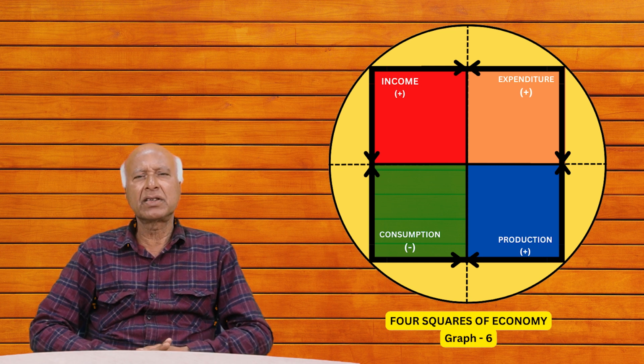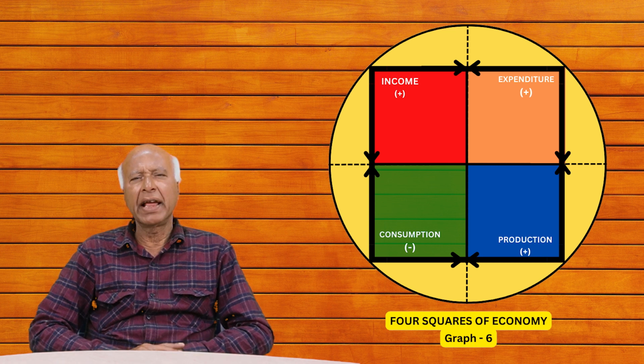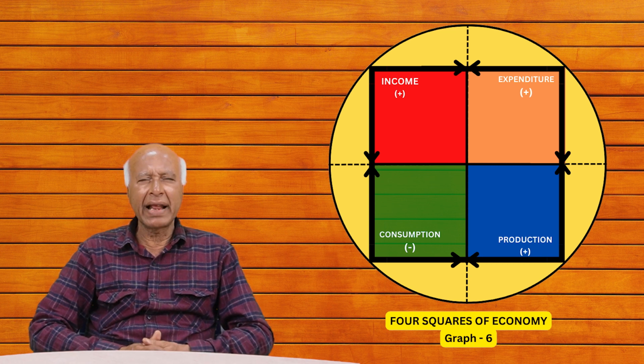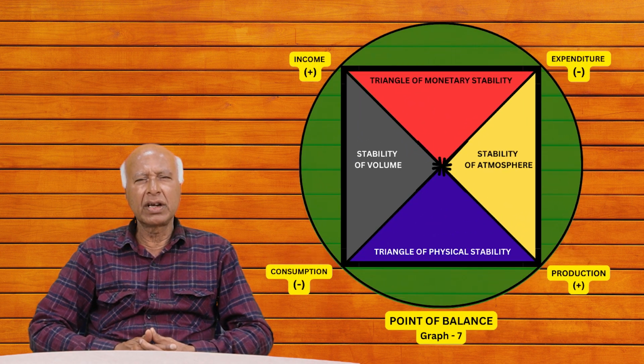When we discuss the chart of how the equilibrium and the effect are acting on the respective poles of the square of economy stability, it will become amply clear to all the students of economics. Now, if we divide the square of economy into four triangles, I will attract your attention to graph 7.